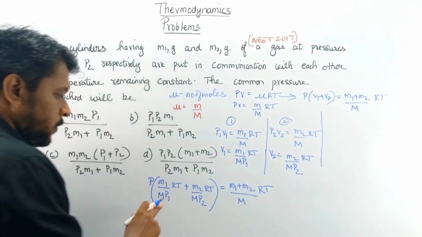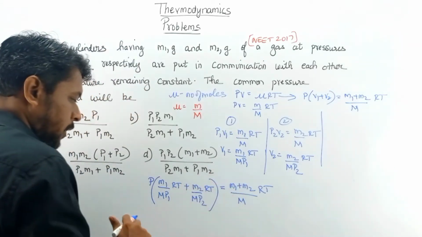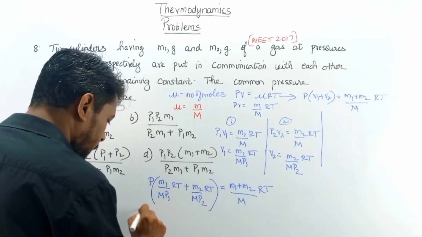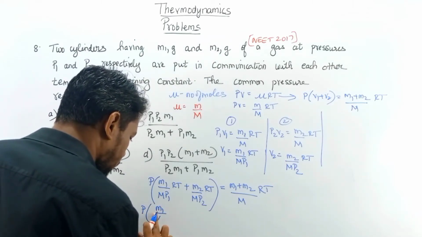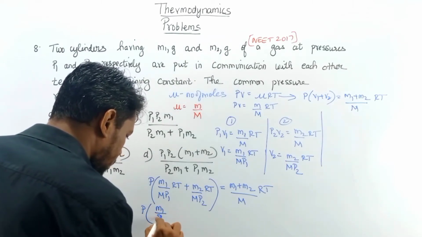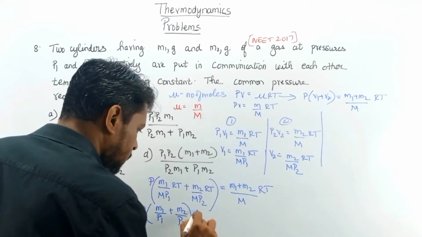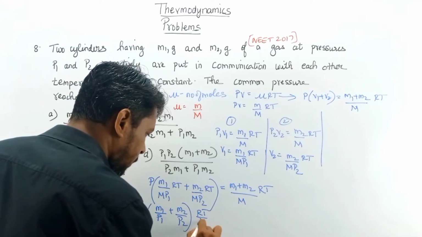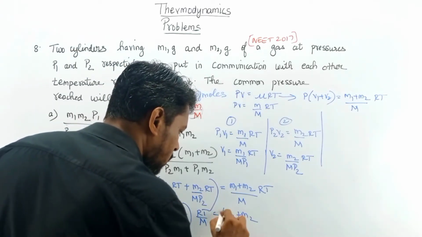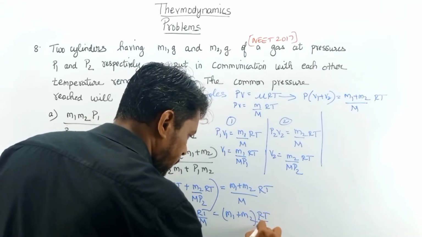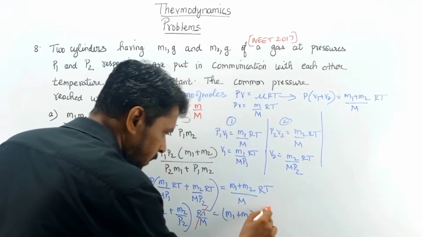From this we can take RT by M as common: m1 by P1 plus m2 by P2. RT by M remains common on both sides, so it can be cancelled.